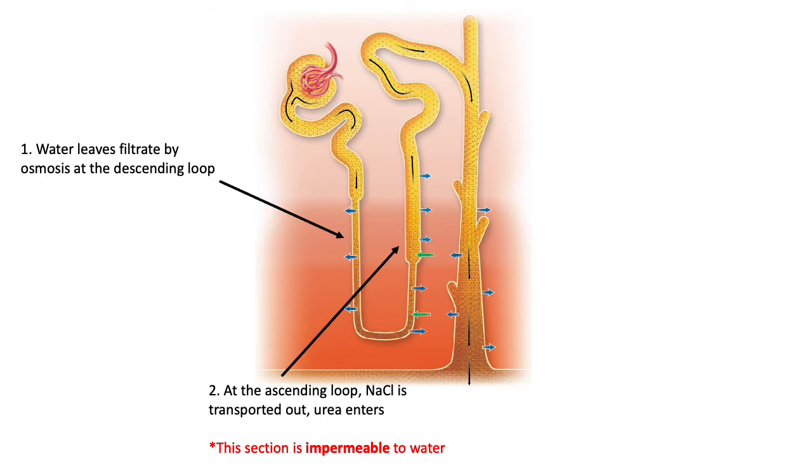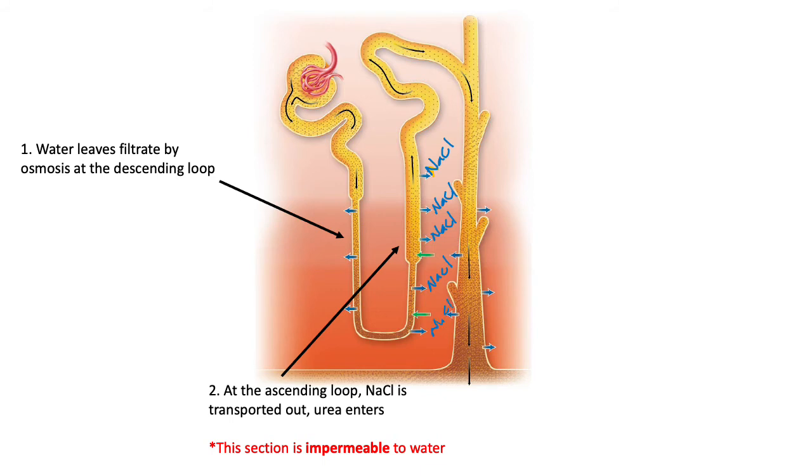And now these blue arrows don't represent the fact that water is leaving, they instead represent the fact that salt is leaving. So these blue arrows actually represent the leaving of NaCl here. So what's happening here is the ascending loop. A big key thing to keep in mind is that the ascending loop of the nephron is actually impermeable to water.